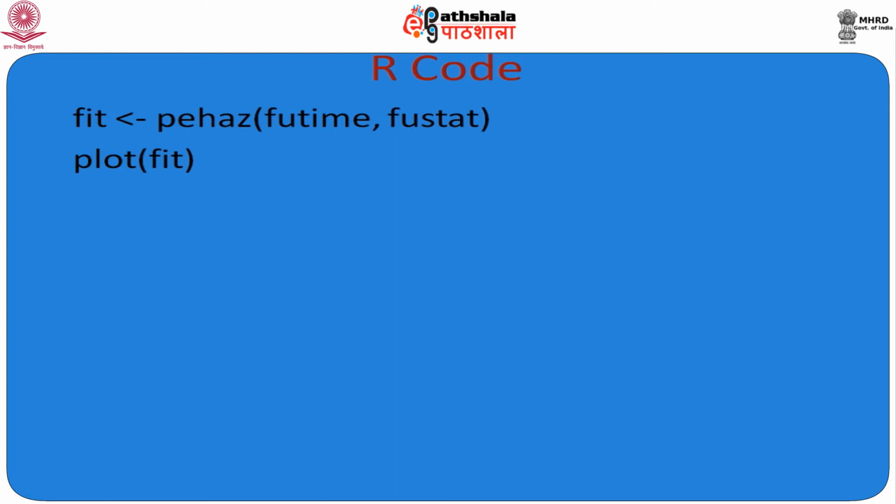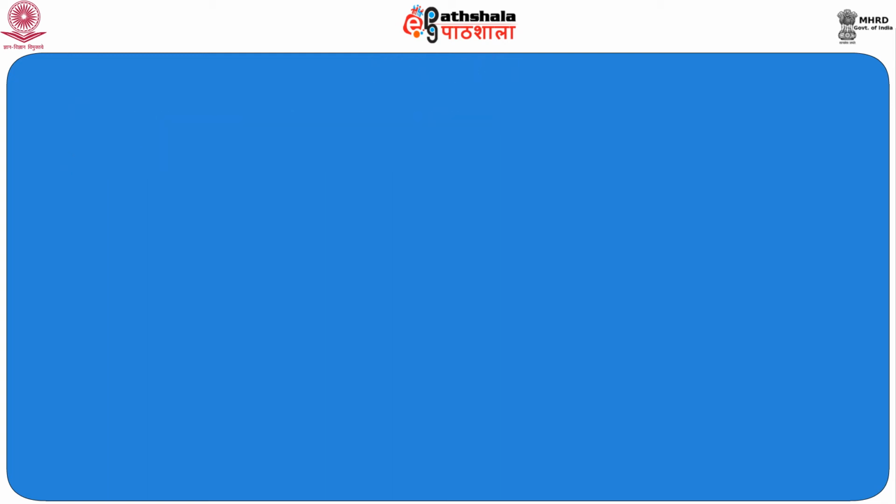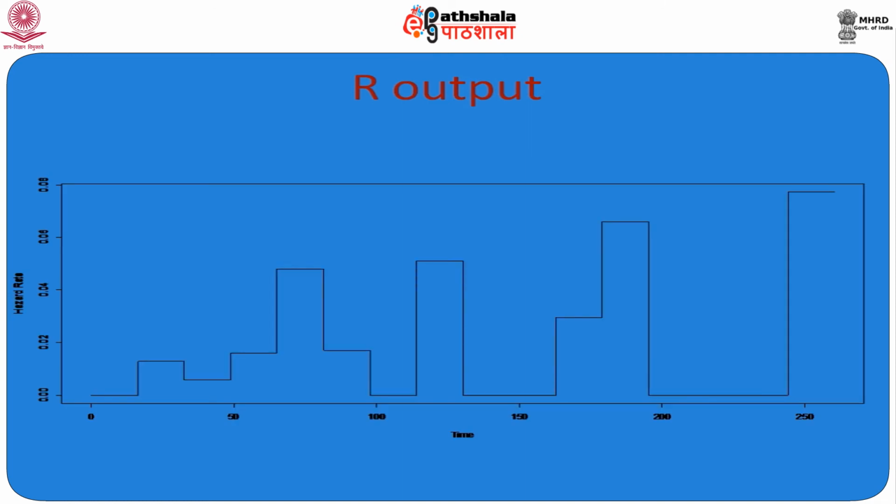Let's see how the estimates look. This is the estimate. It gives the piecewise exponential hazard function estimate from right censored data. It divides the time domain into bins of equal width and then estimates the hazard in each bin as the number of events in that bin divided by the total follow-up time in that bin.